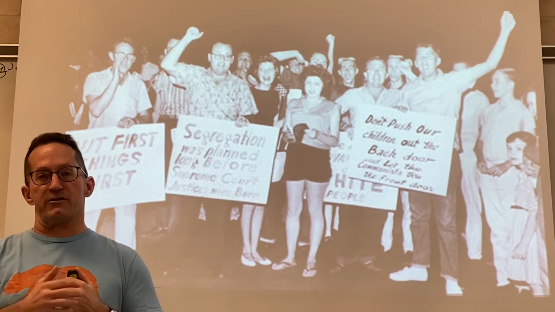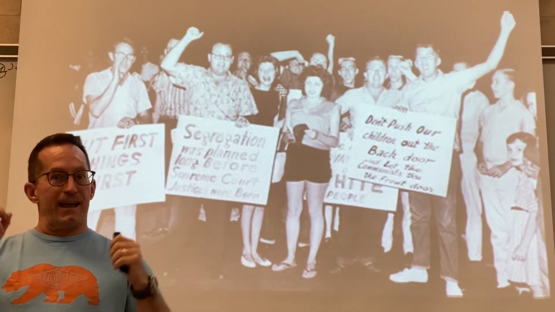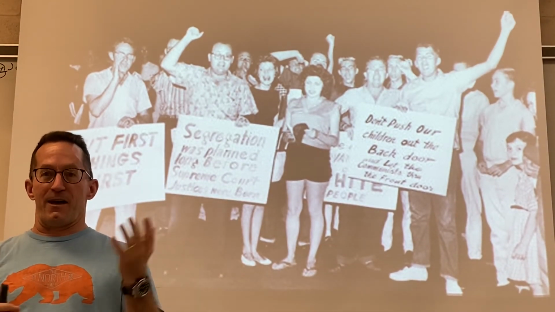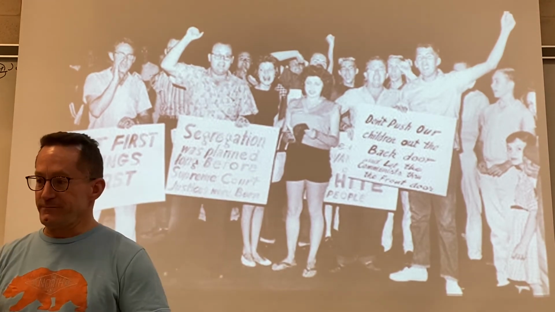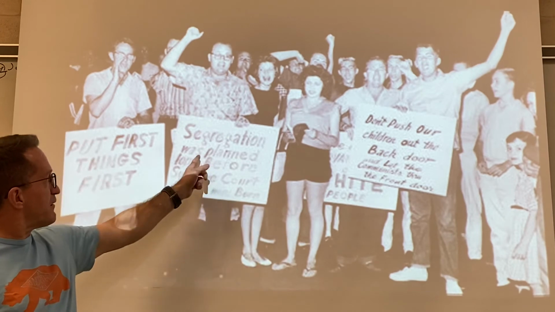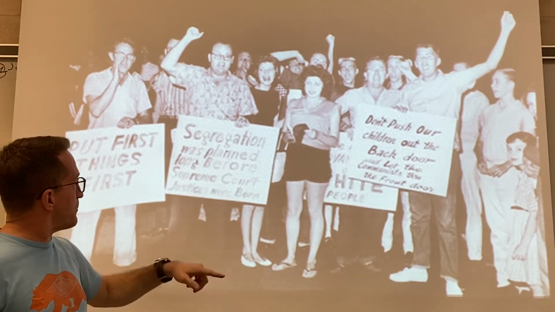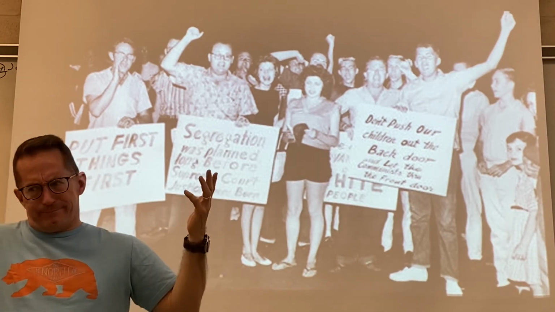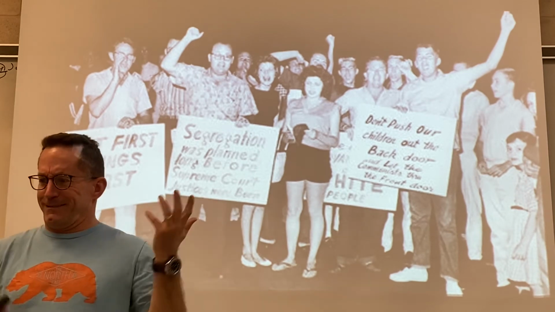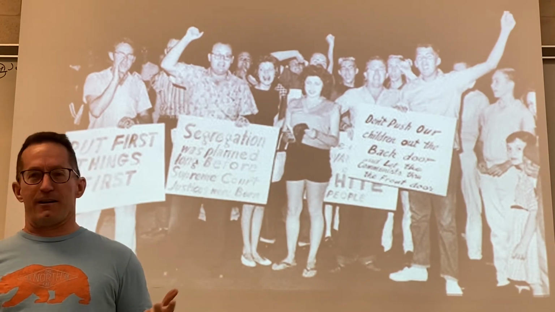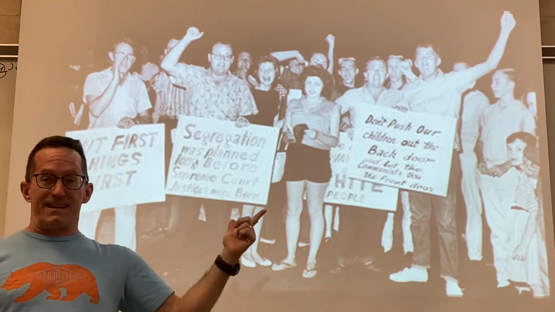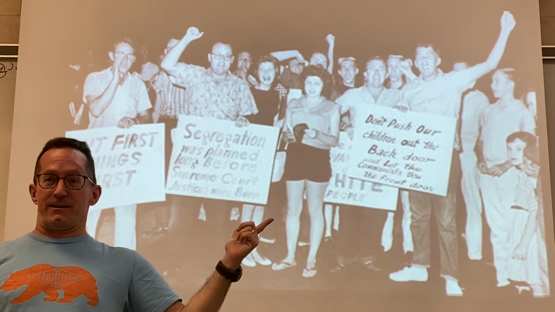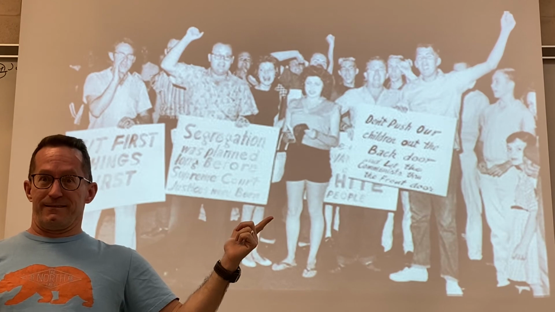It was an overreach of the federal government's power, and it was somehow communism to have black kids and white kids in the same school. Whatever. And this says segregation was planned long before the Supreme Court. What? I don't know. Do their arguments have to make sense? Nope. But do they seem very convinced that they're arguing for the right thing? Yeah.